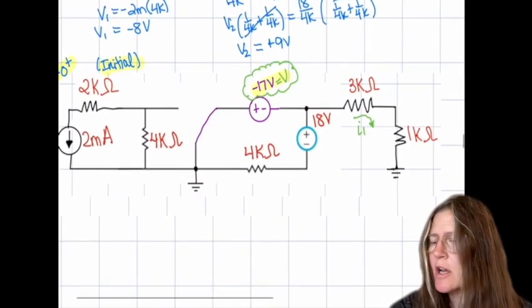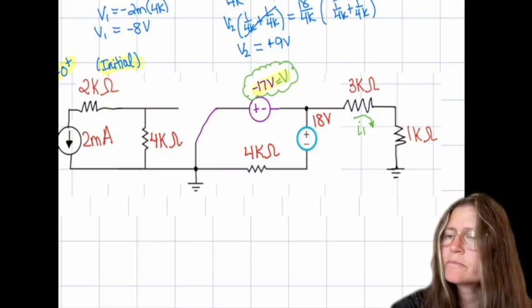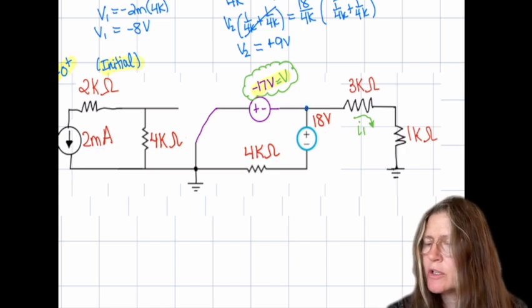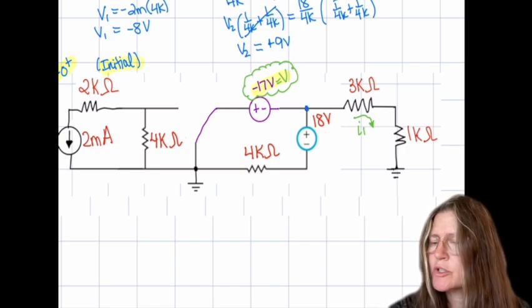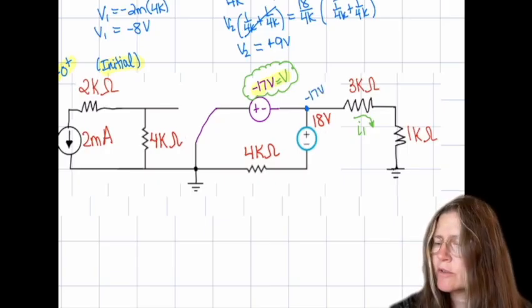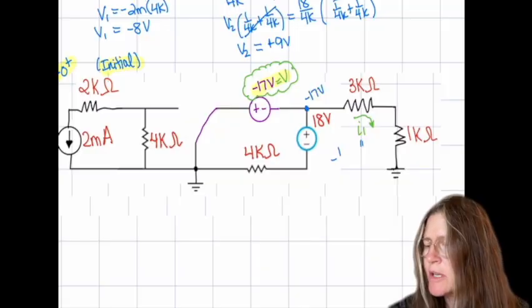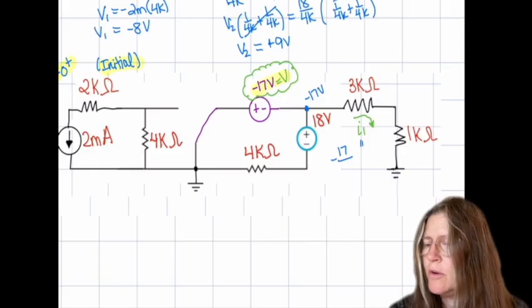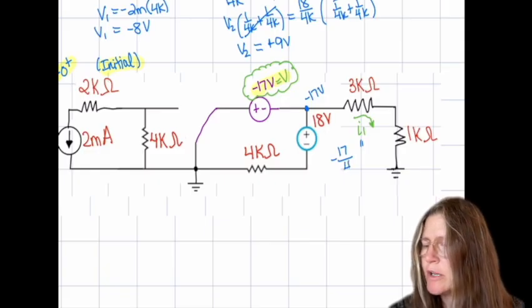Then finding I1, I1 here is going to be this voltage, which we already know is minus 17 volts. So I1 is going to equal minus 17 over 4K.